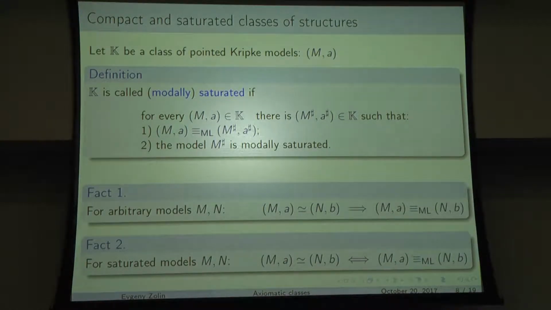But for saturated models, the converse implication also holds. In general, it doesn't hold. So, a saturated class is the class in which we can saturate every pointed model, or the same can be done for models. And in these terms, we can formulate a general result.